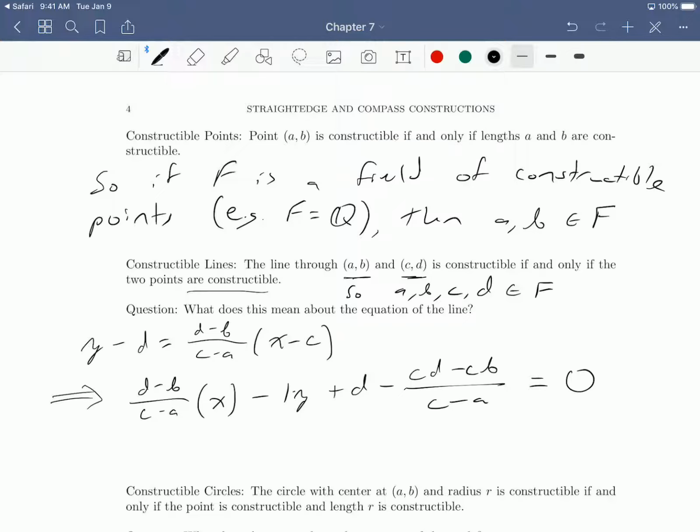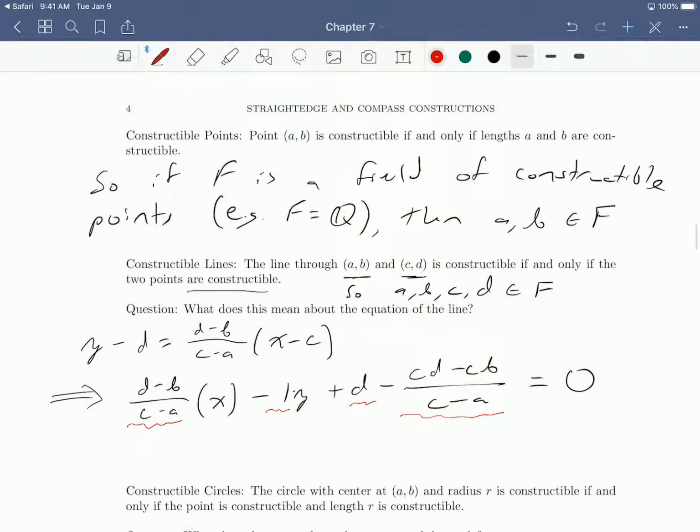We want to look at that equation and think about a way to describe it, so we look at those coefficients: (d minus b) over (c minus a), minus 1, and d minus this big fraction. Those are the coefficients of our line.